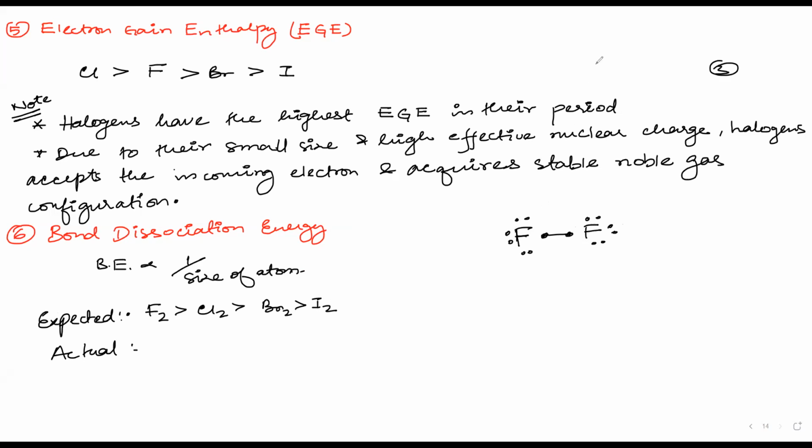Now, can you imagine the electronic repulsion due to these lone pairs? It is so high that first of all we have Cl2, then we have Br2, after that we have F2, and after that we have I2. Now write also the reason here. What is the reason?